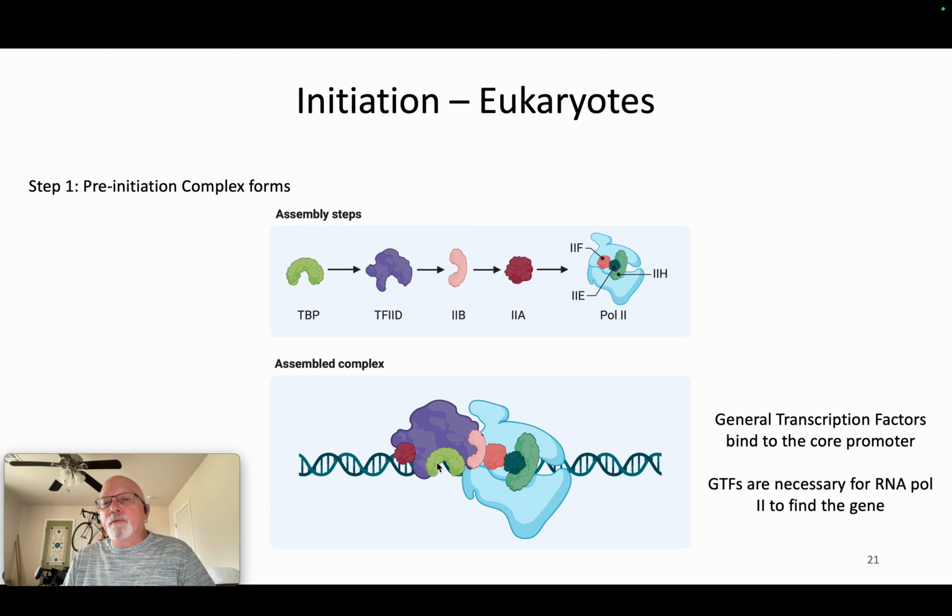And only after these transcription factors have bound here will they then recruit the RNA polymerase. Once that has happened, then you have the entire pre-initiation complex present. But just building that infrastructure doesn't prompt the transcription of a messenger RNA molecule.